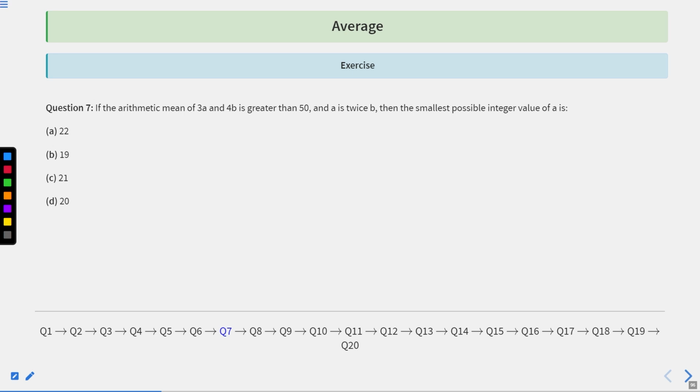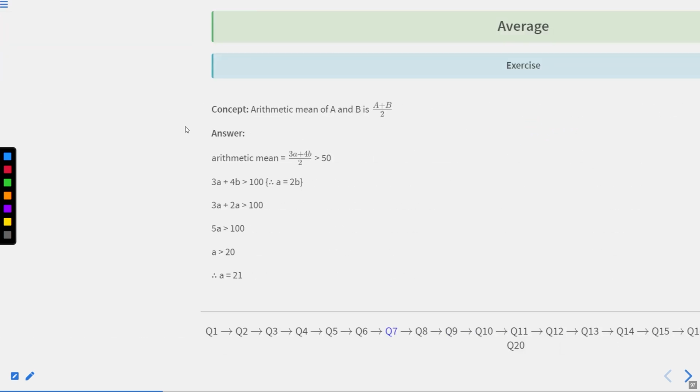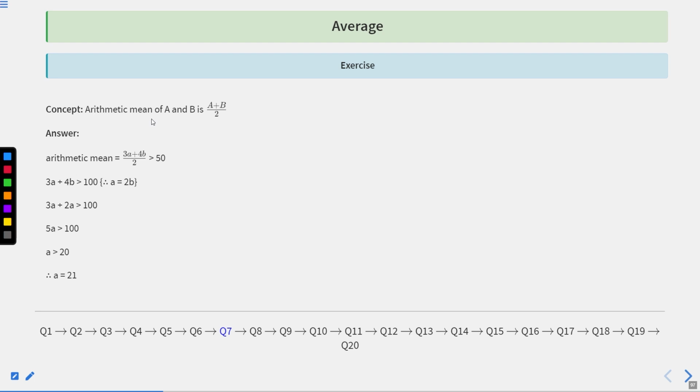If the arithmetic mean of 3a and 4b is greater than 50 and a is twice b, then the smallest possible integer value of a is. The arithmetic mean of a and b is given by a plus b by 2.